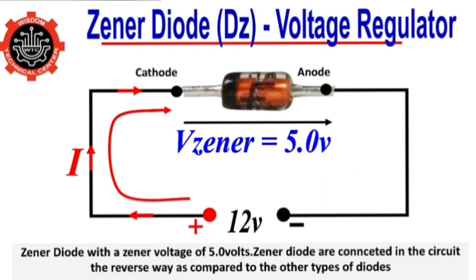So when this diode is connected in the reversed way as we see on the diagram, the Zener diode does not let current flow up to a certain voltage value. This voltage value, where it lets current pass, is called the breakdown voltage or the Zener voltage.